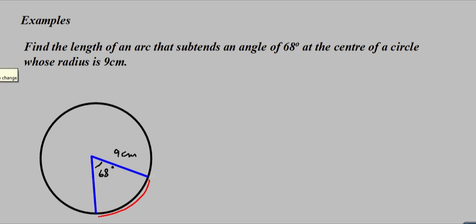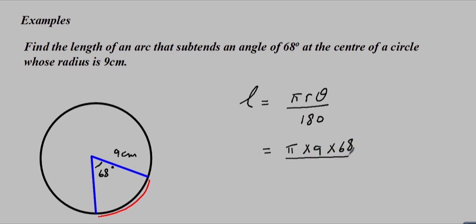Simply apply the rule. The formula says L is equal to pi r theta divided by 180. Therefore, you have pi times 9 times 68 divided by 180.